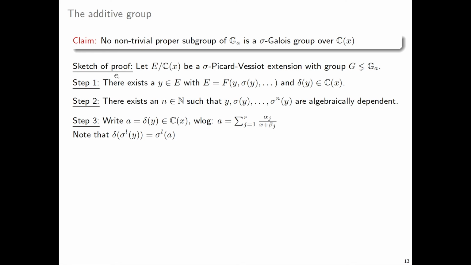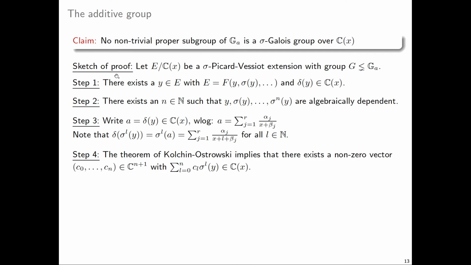So y is the antiderivative of A, and that means that sigma of y is the antiderivative of sigma of A, and also for higher powers. So we can write that in this form, because sigma is just sending x to x plus 1.